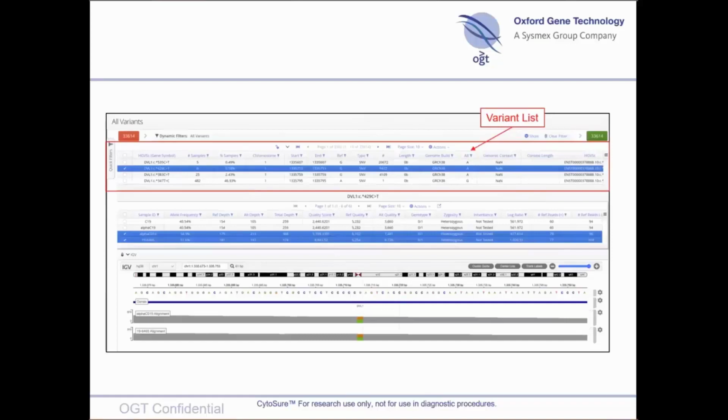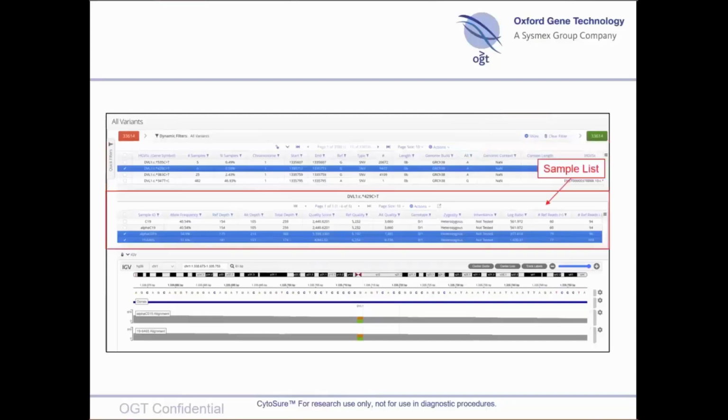You have the first column showing the HGVS annotation for the variant, and then the next column you can see the number of samples in which this particular variant has been detected. If you select on a particular variant, you can then see all the samples which have been found to contain that variant, and then below that you can select one sample or multiple samples to see in the IGV window below.